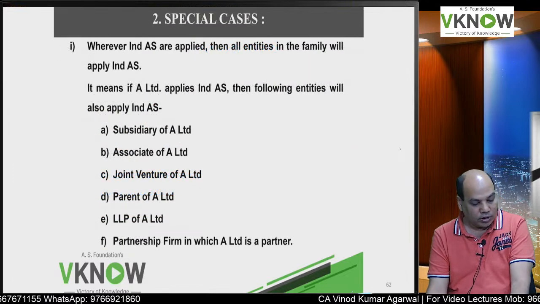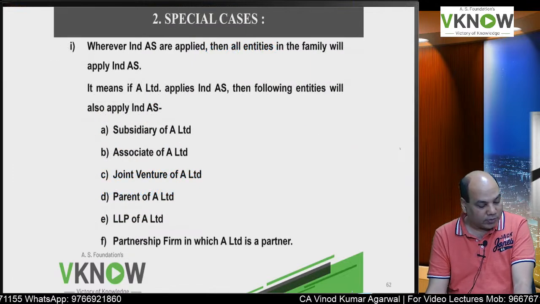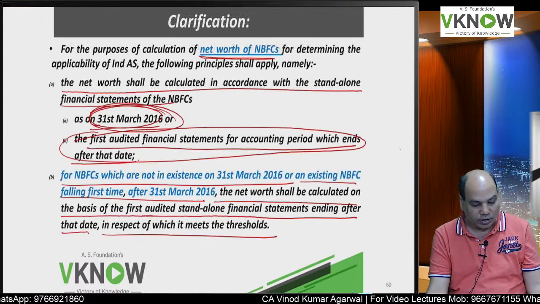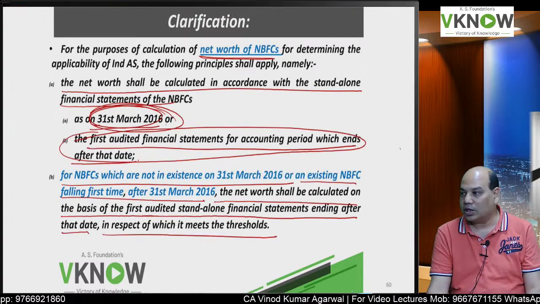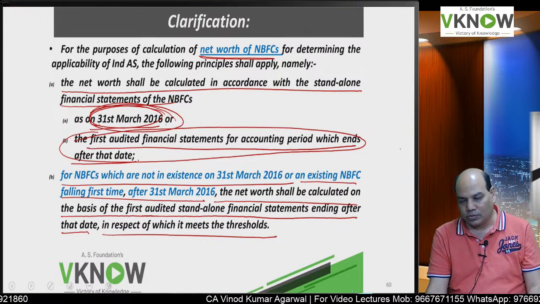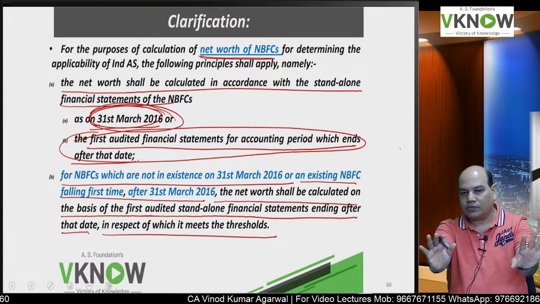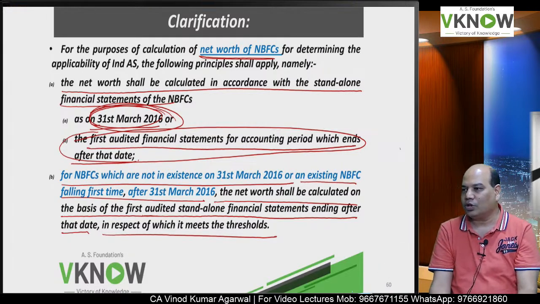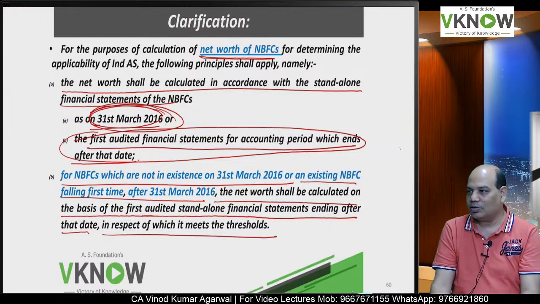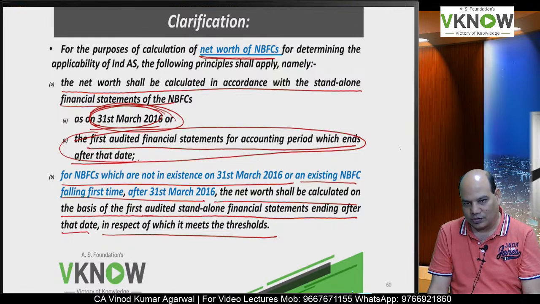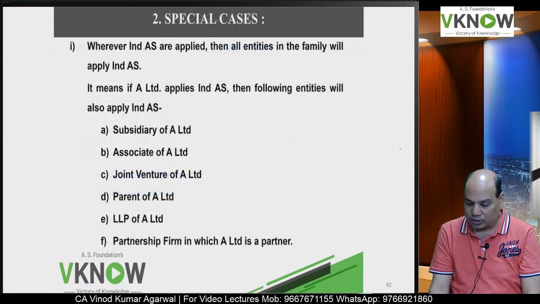So this is about NBFC. For NBFC the net worth date is 31st March 16. For other than NBFC the net worth date was 31st March 14. If it doesn't fulfill on 31st March 14 or 31st March 16, then any next audited financial statement on which it meets the requirement, we are going to take that. Is it right? For applicability.